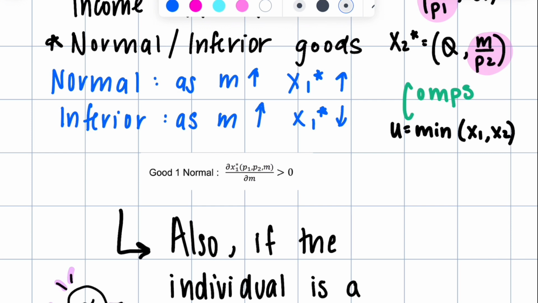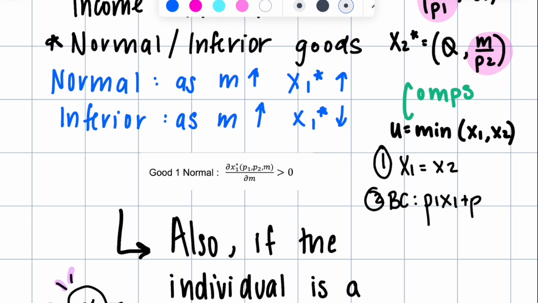And then for perfect complements, we go through the steps that we would take in order to find this optimal bundle. So we know our first step with perfect complements is to set the two goods equal to one another. And then our second step is always to plug that into the budget constraint. So we're going to have P1 x1 plus P2, since x1 equals x2, I'm just going to plug in x1 here for x2, equals our income.